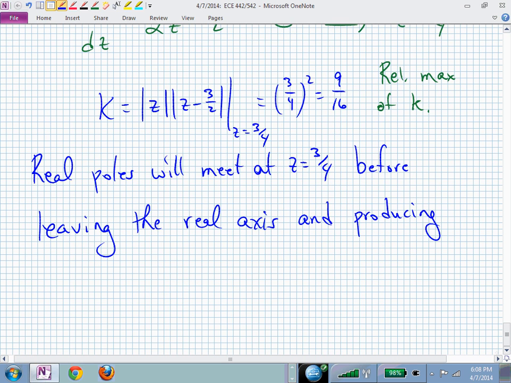And producing a complex conjugate pole pair.